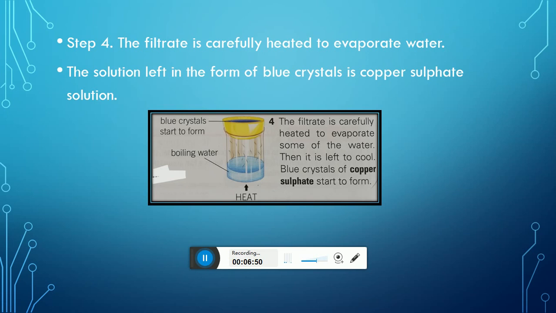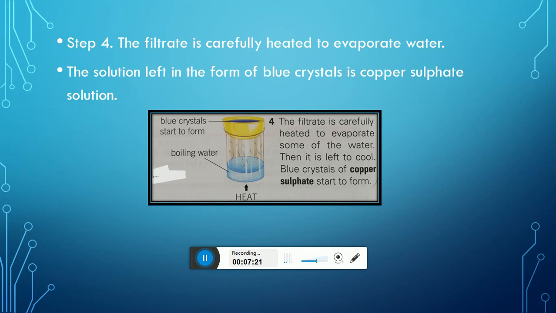When the water has evaporated, the solution left in the form of blue crystals is actually copper sulfate. So all the water is evaporated by providing heat. This is how we can make a metal salt in different steps.